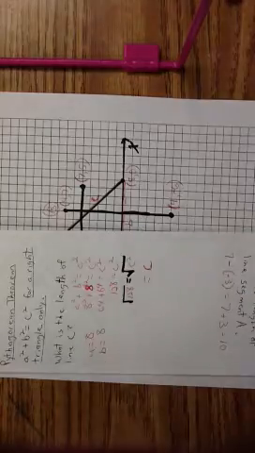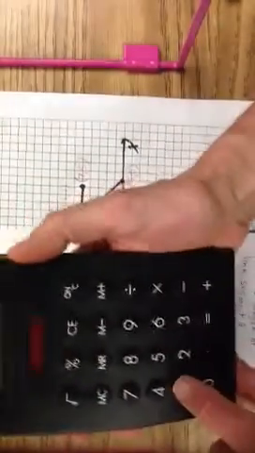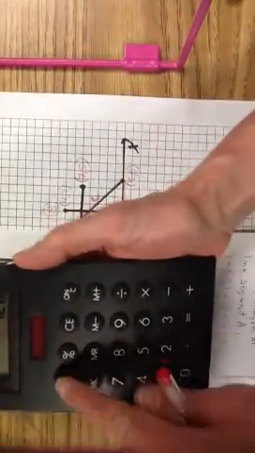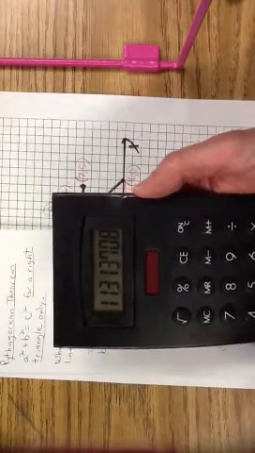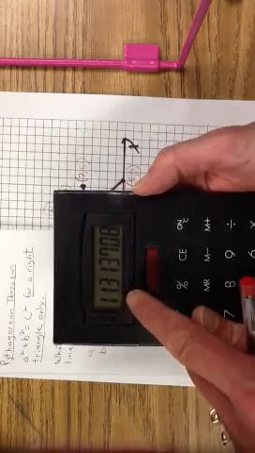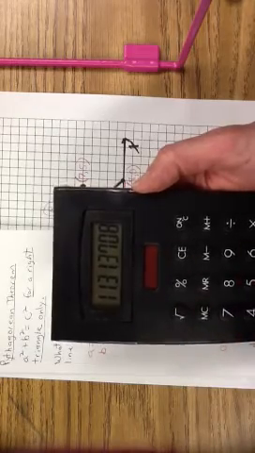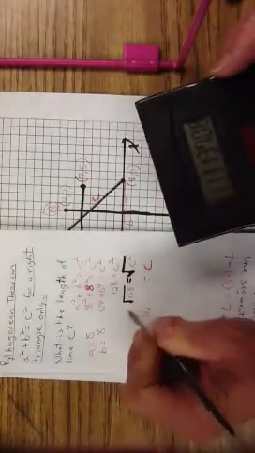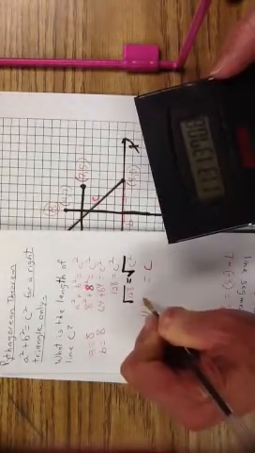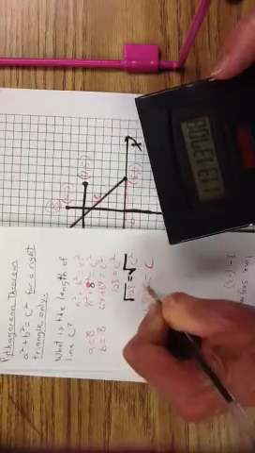So I think I'm going to use a calculator. 128 square rooted. Okay, and what do I get? I get a decimal, 11.313708.